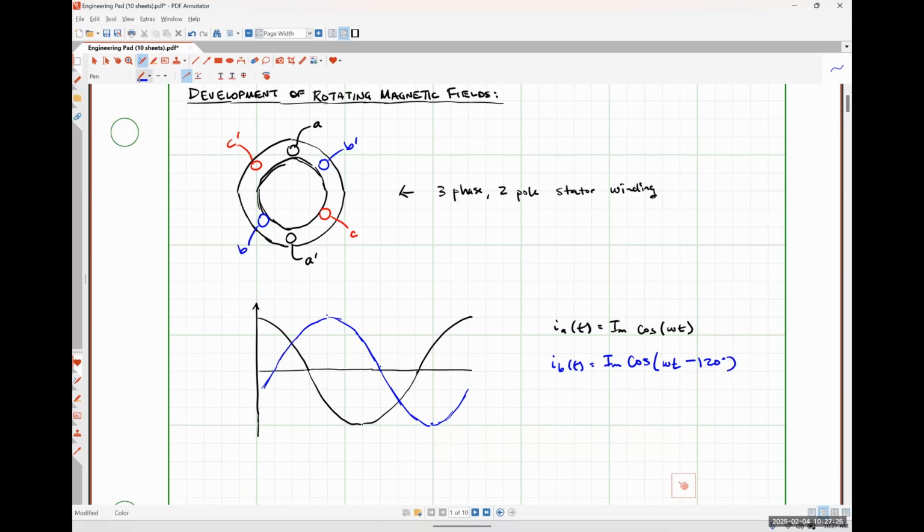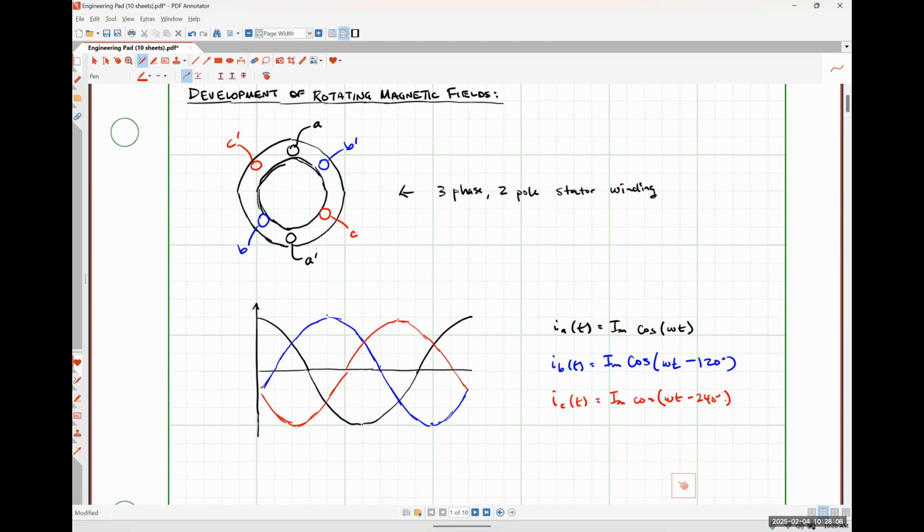And then my C phase is going to be leading my A phase by 120 degrees. So it might look something like this, where this is IC of t is equal to Im cosine omega t minus 240 degrees, or we could call that plus 120 degrees if we wanted to.